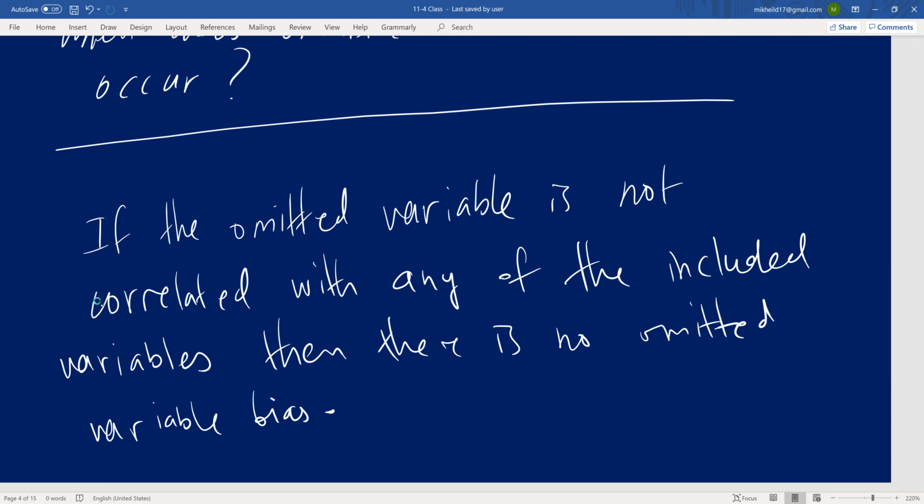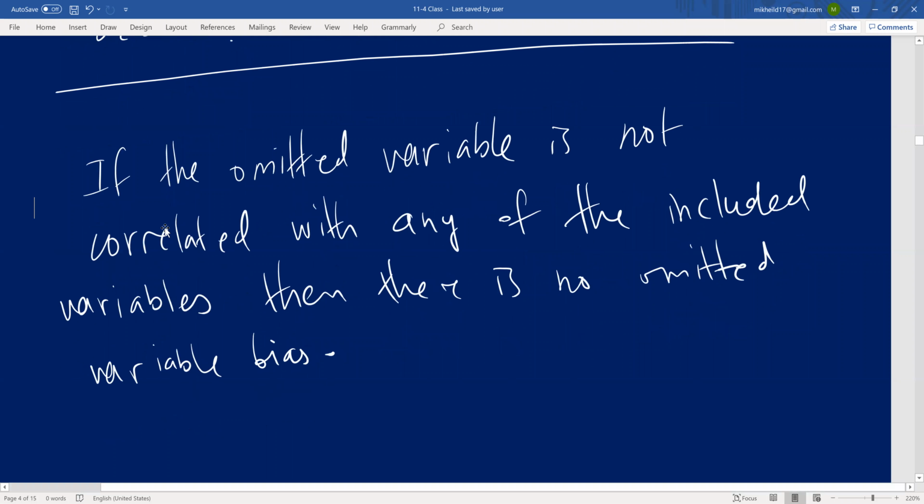Okay, that's the answer here. But if the omitted variable is correlated with at least one of the included variables, then the omitted variable bias happens. And that's really problematic.